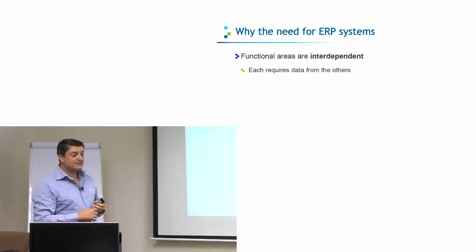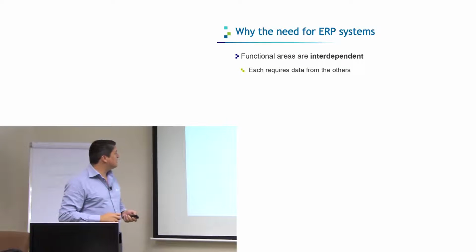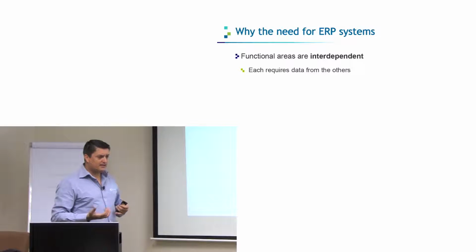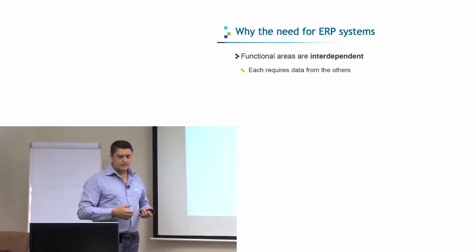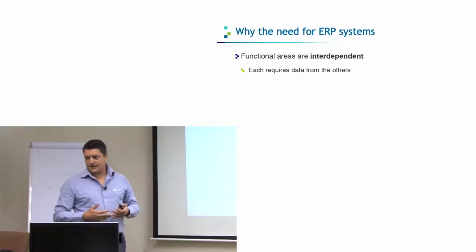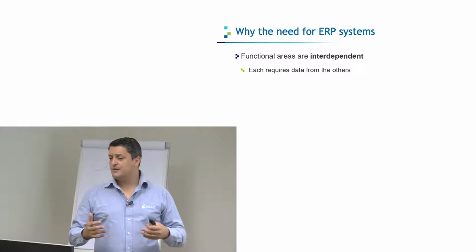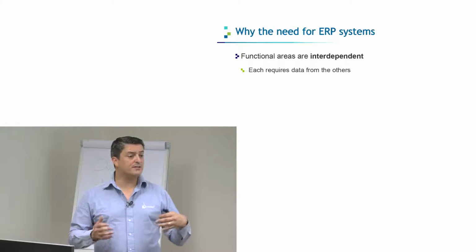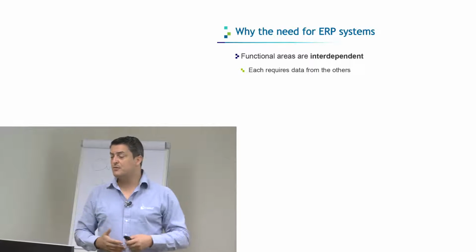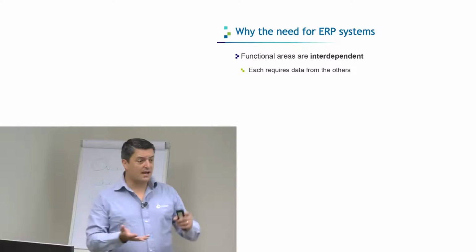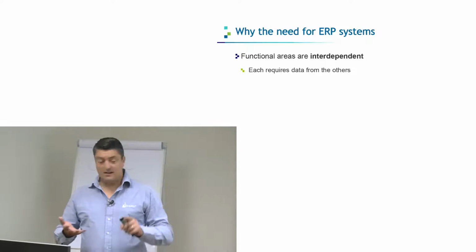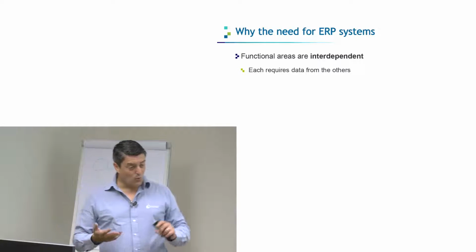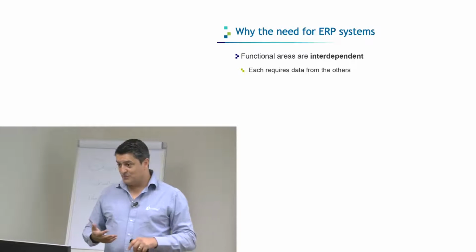So each requires data from each other. If I'm wanting, for example, to create a plan to target a specific advert I'm going to be running, which is aimed at increasing sales and market share in specific products, I need to understand what the products are, how many I have of them, what the capacity is of manufacturing to make more or distribution to purchase more.